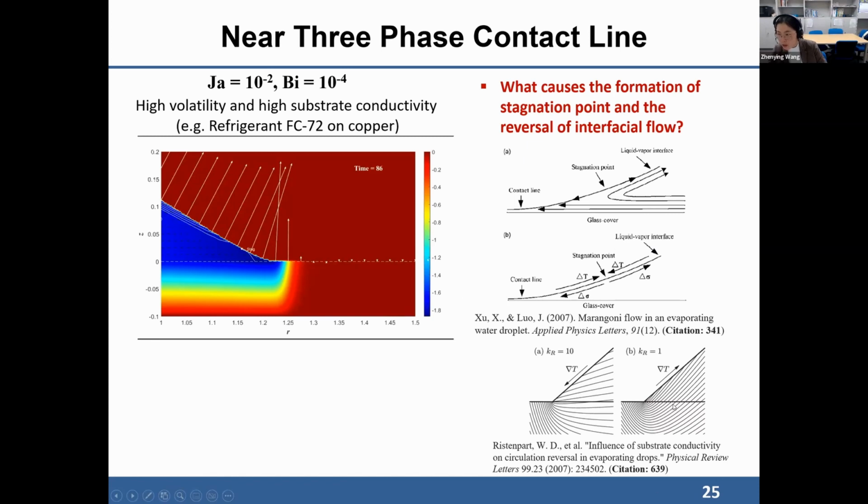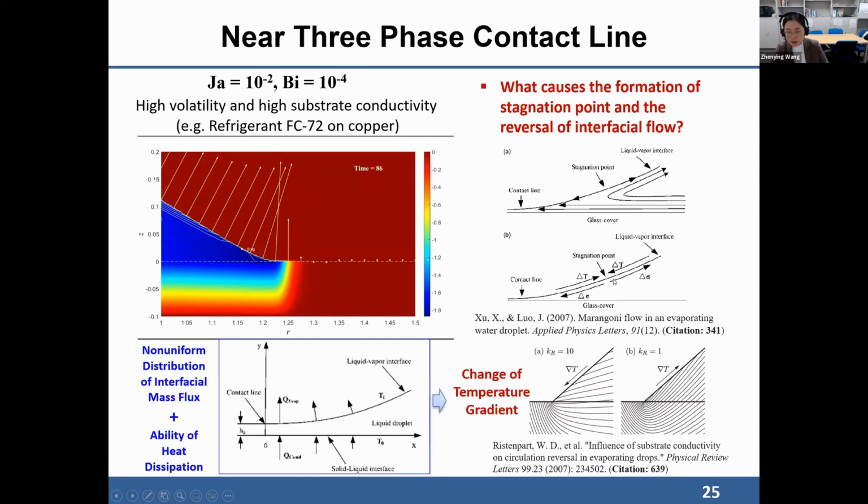In their research, they point out that the change of the temperature gradient across the droplet surface causes the reversal of the interfacial flow, and also causes the formation of the stagnation point near the three-phase contact line. The reason in their work is attributed to the non-uniform distribution of the interfacial mass flux.